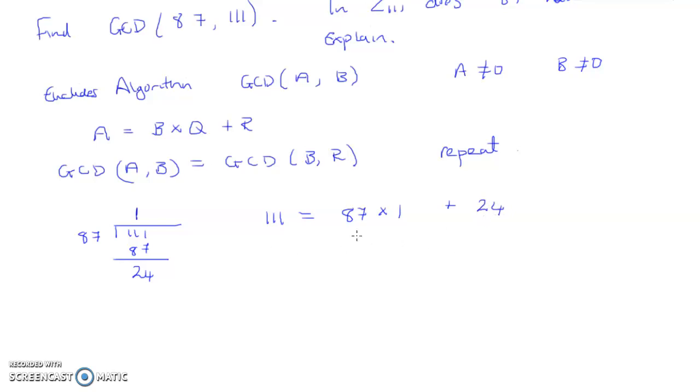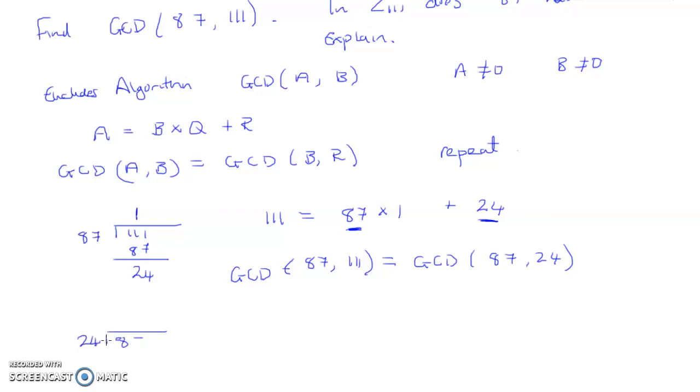So now you can take this number here and this number here, and we can say that the greatest common divisor of 87 and 111 is the same as the greatest common divisor of 87 and 24. And now we can repeat this, and we can do 24 into 87.